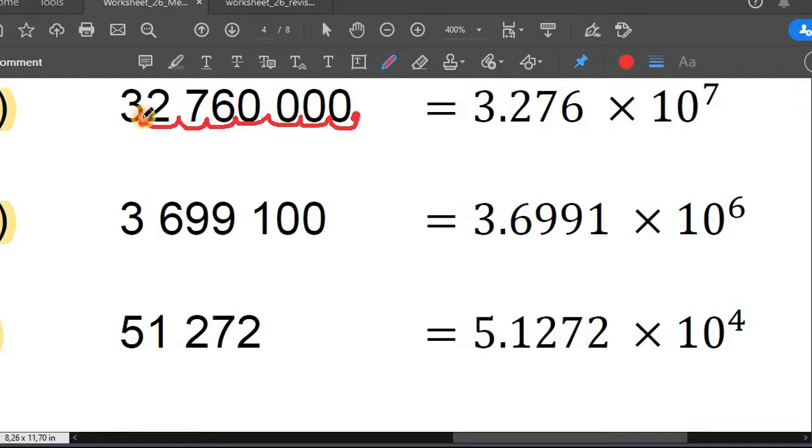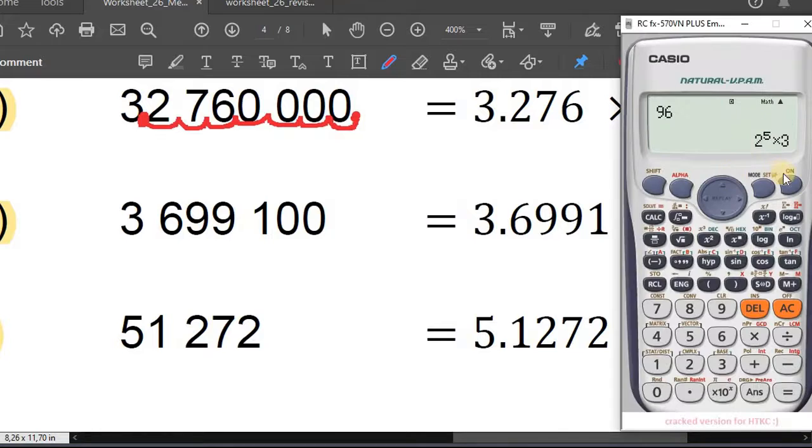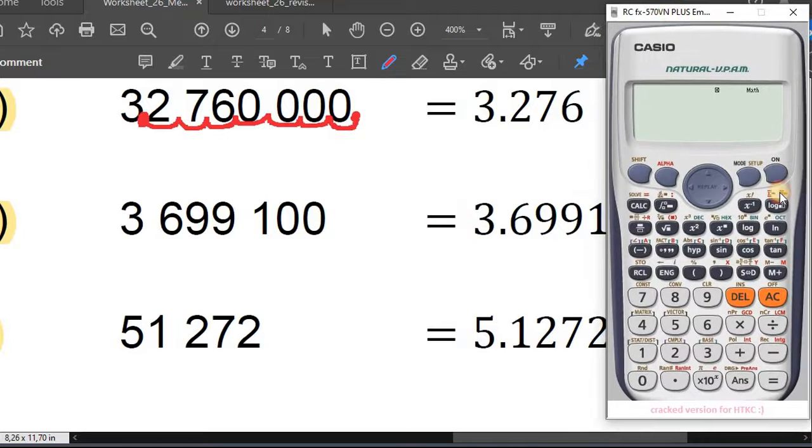Remember, I said I want this point where I've got 1 to the left and everything else is there. So I moved 1, 2, 3, 4, 5, 6, 7. That's how I got 10 to the power positive 7. So you can remember, if you're moving left, you've got a positive exponent, right? That's a manual method.